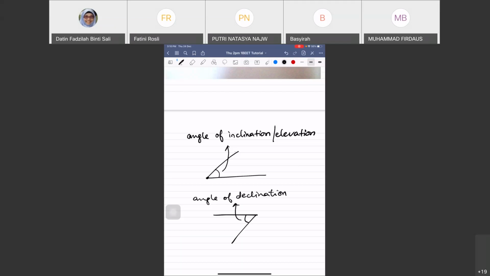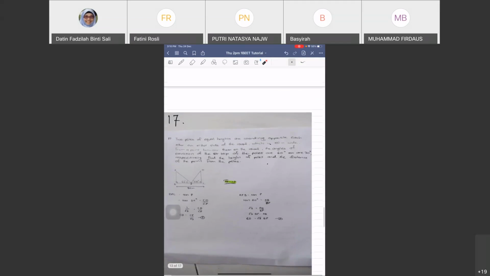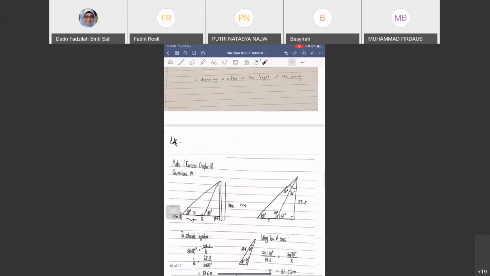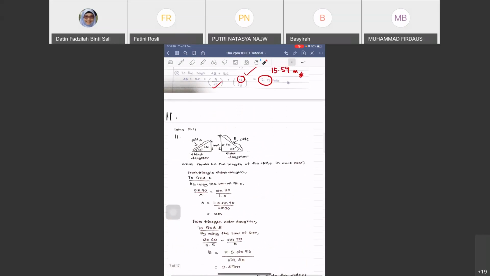So basically, if it's inclination or elevation, you are at the ground looking up. If it's angle of declination, from up looking down. For question 11, there's a word there, incline: incline at an angle. Incline means inclination. So back to this diagram.